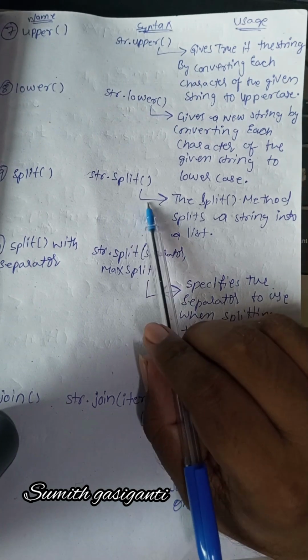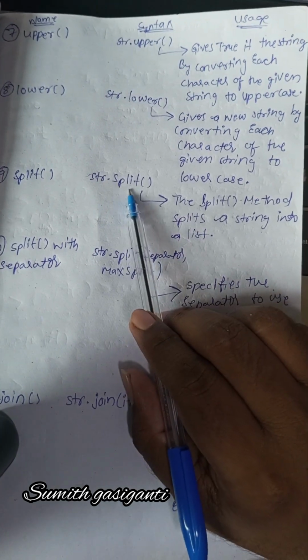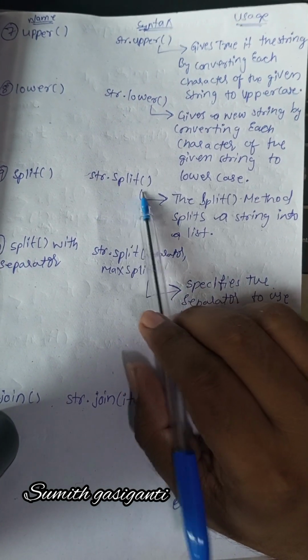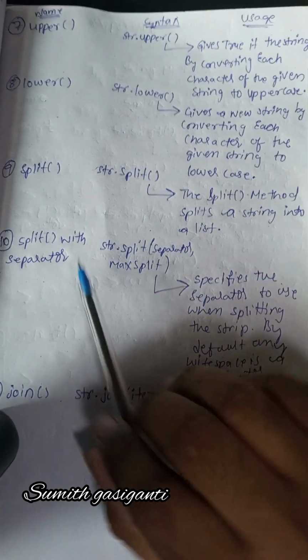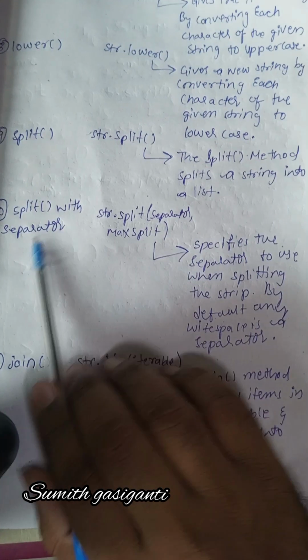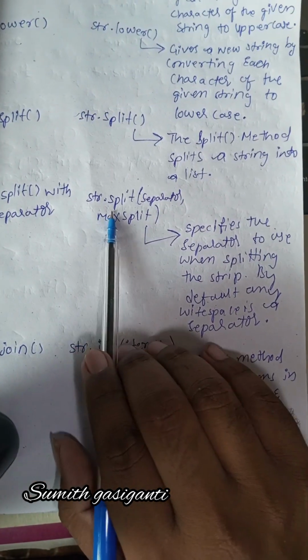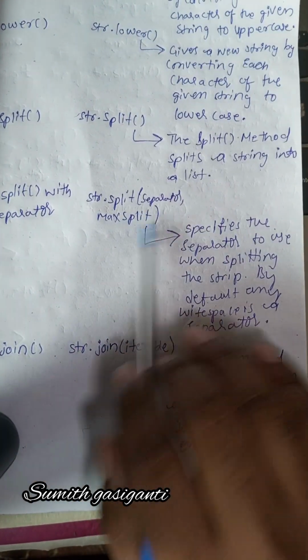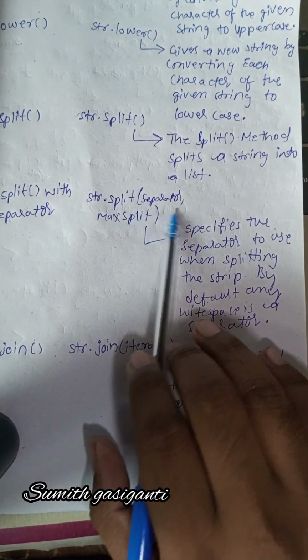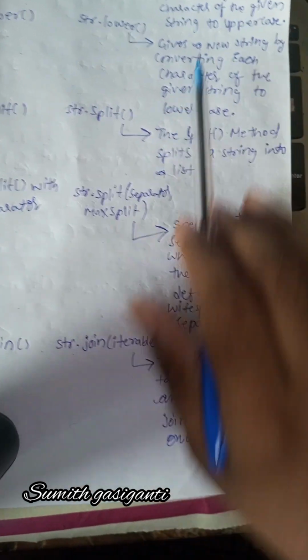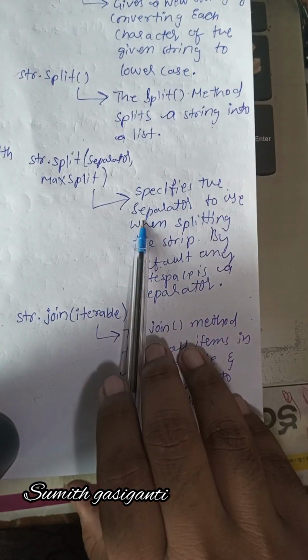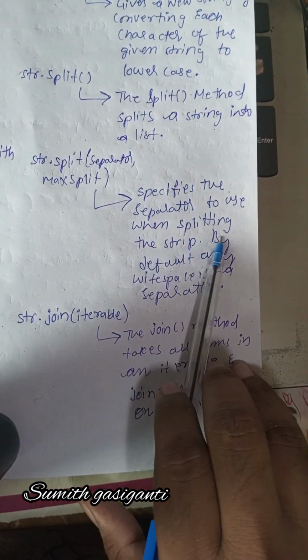So what is split? str.split(). The usage is: the split method splits a string into a list. Next, coming to split with separator, the syntax is str.split(separator, maxsplit). The separator specifies the separator to use when splitting the string.